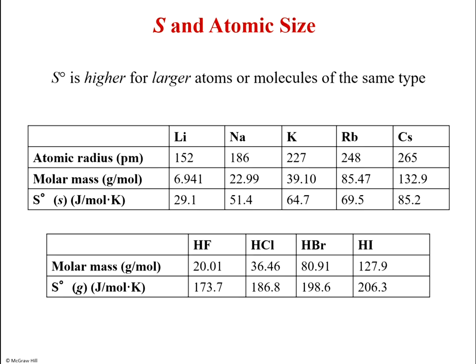And here we see the table for the group 1 metals, lithium down to cesium. Of course, these are increasing in size, and their standard molar entropy is increasing continuously. Then we can take the group 17 hydrides, hydrogen fluoride down to hydrogen iodide, and again, the standard molar entropy increases.